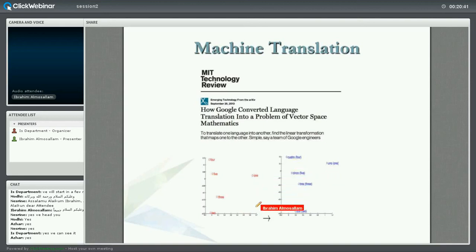So if you have a map in a certain language and a map in another language, all you have to do is find the right translation and rotation and linear transformation to transform language A to language B. What they did was they only used a small dictionary from English to Spanish to map a subset of the words, and they can interpolate on the rest of the words.